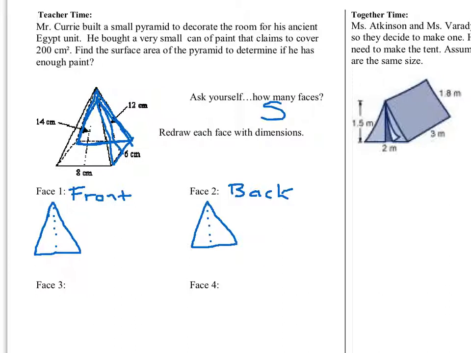14 would be the height of the front triangle, which we do need to know, so let's go ahead and label that one. Oh, excellent. Process of elimination. 8. If we look right here, we're looking at this front triangle right up front, and so the base, the bottom of that triangle, right here is 8.